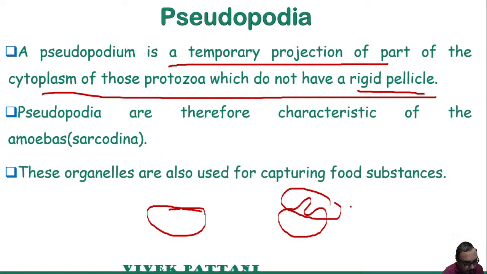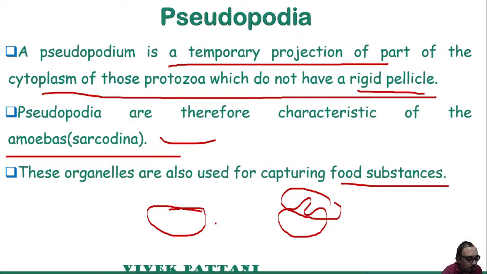So pseudopodia are characteristic of the amoebas, or the Sarcodina, which are basically rhizopods. They have locomotion as the basic function, and the secondary function is capturing food.